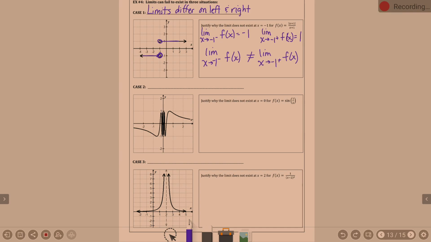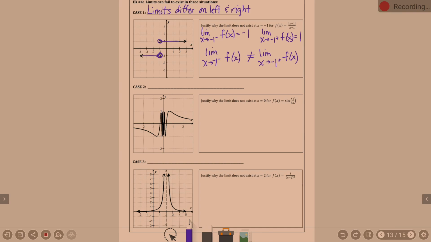That is official AP language. If you have to state that a limit doesn't exist, this is the official way to do it: say that the limit from the left does not equal the limit from the right. Because part of the definition of a limit is that the limit from the left equals the limit from the right.